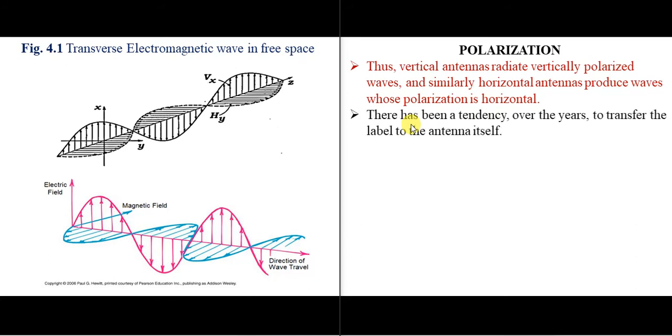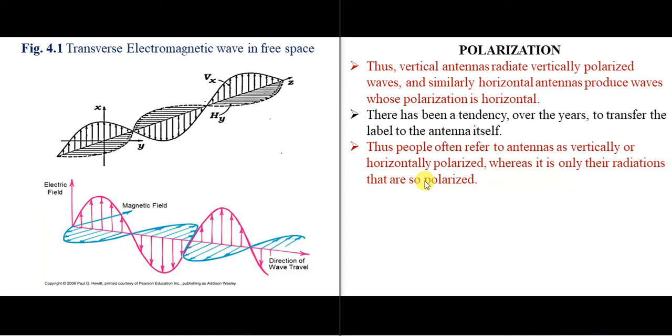There has been a tendency over the years to transfer the label to the antenna itself. Why not say that the antenna is polarized rather than saying the electric field has a direction? Thus, sometimes people refer to the antenna as vertically or horizontally polarized, whereas it is only its radiation that is polarized. Actually the antenna is not polarized, but people refer to it as polarized.